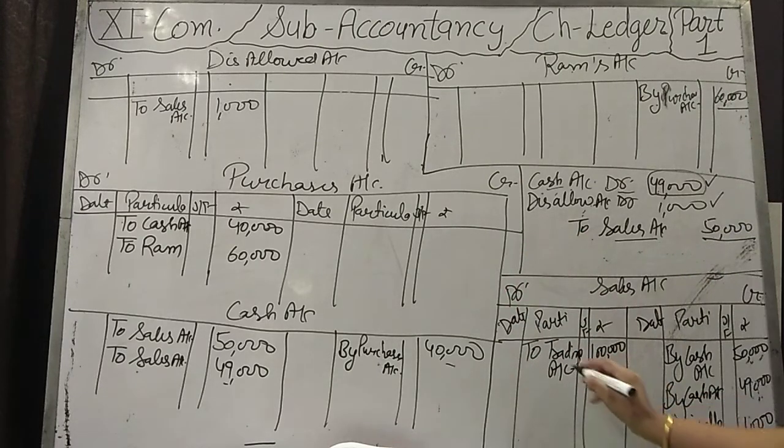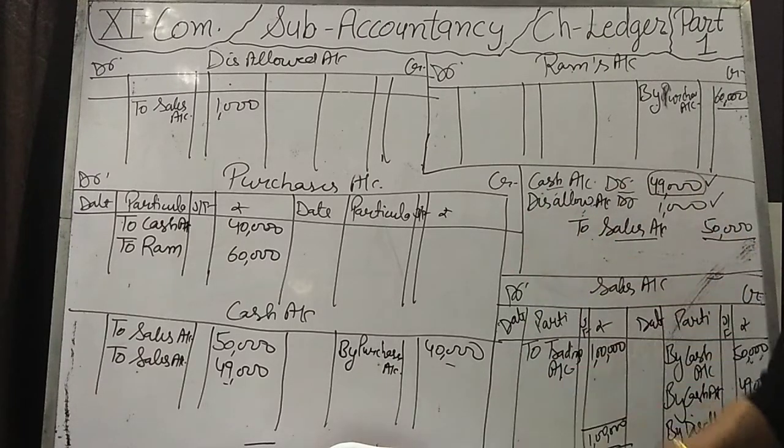So in place of balance c/d, we write trading account. After that write the total on both sides, 1 lakh and 1 lakh, and put 2 lines. So this is the way to close the account.